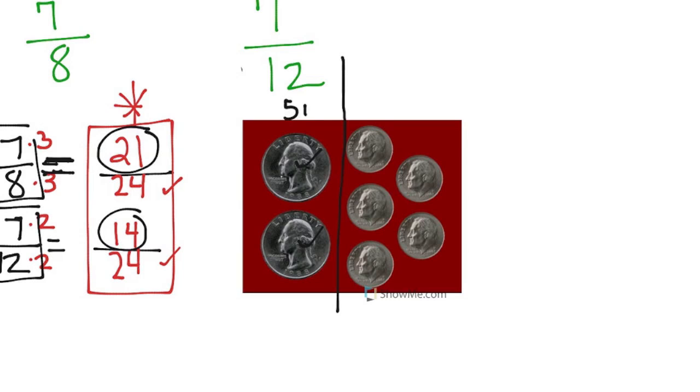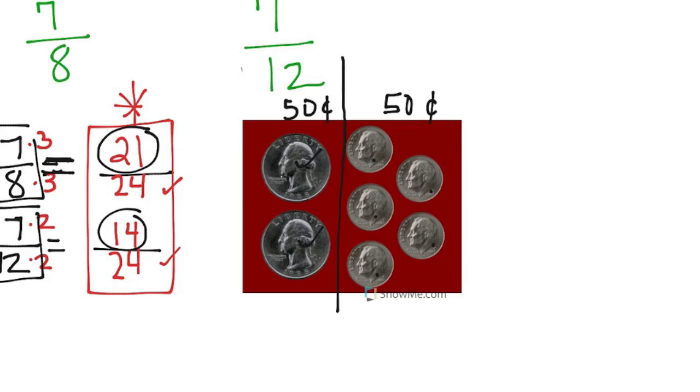I have 50 cents, right? What if I trade those 2 quarters with somebody and I say, give me 5 dimes? 1, 2, 3, 4, 5. They give me 5 dimes. How much do I have? I have 50 cents still, don't I? So all I did was change the way it looks.